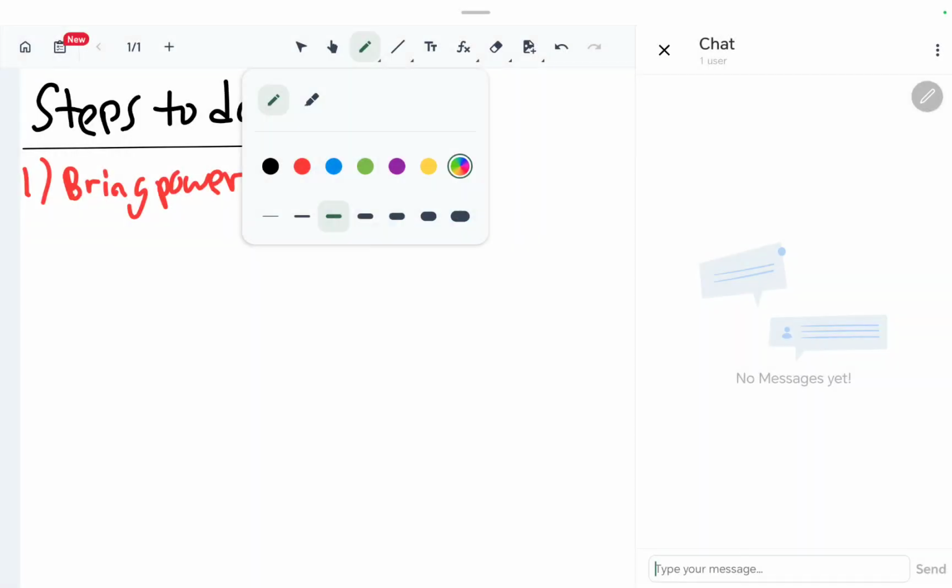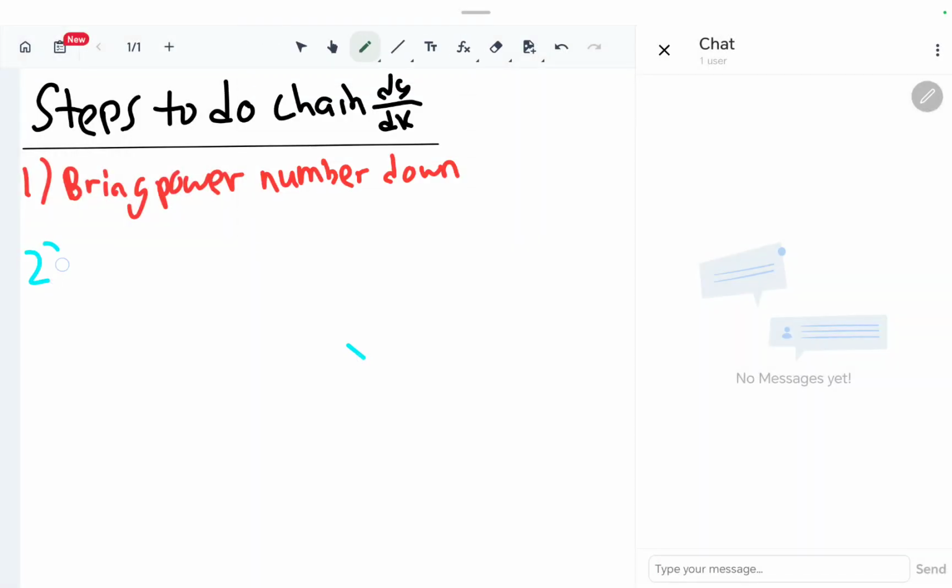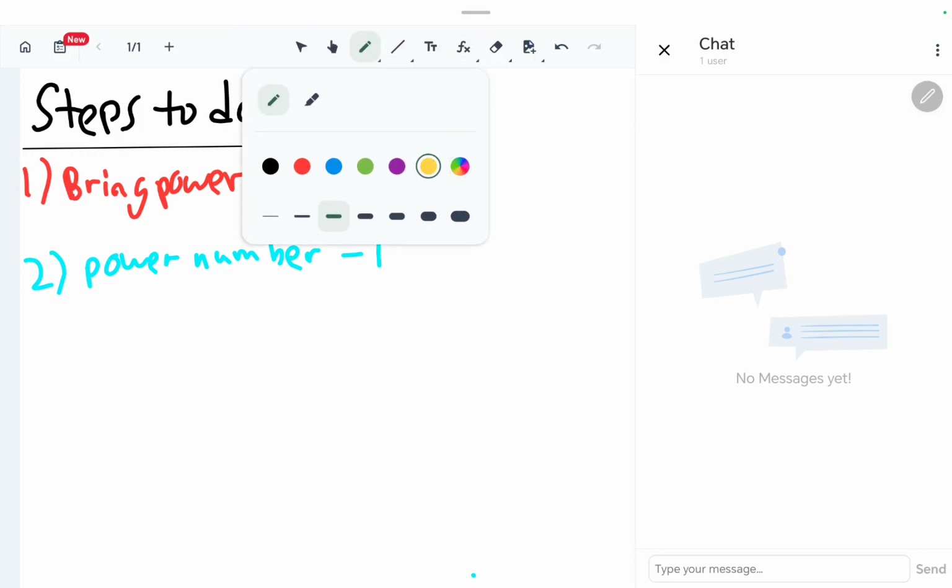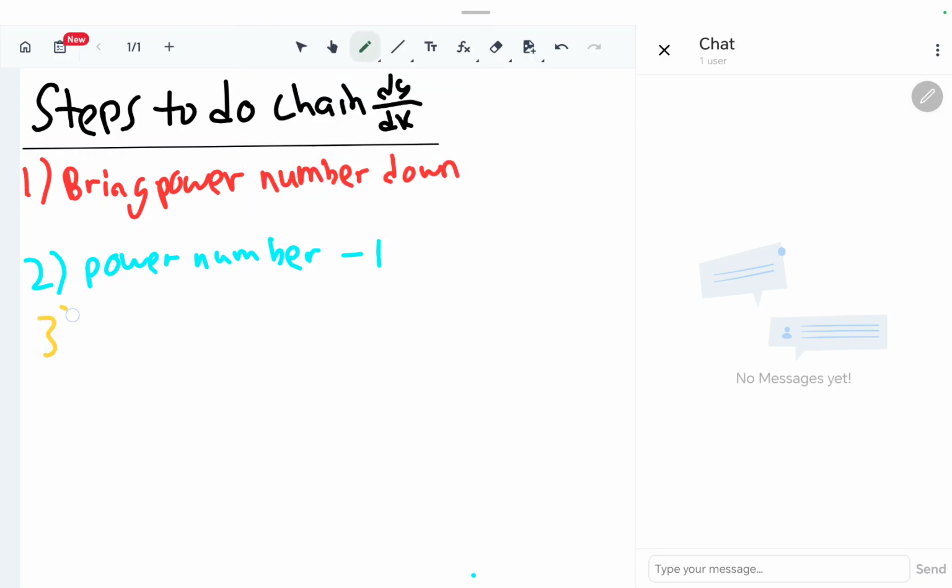Second will be power number minus 1. And then I'll write in yellow next. And thirdly, differentiate the inside bracket.